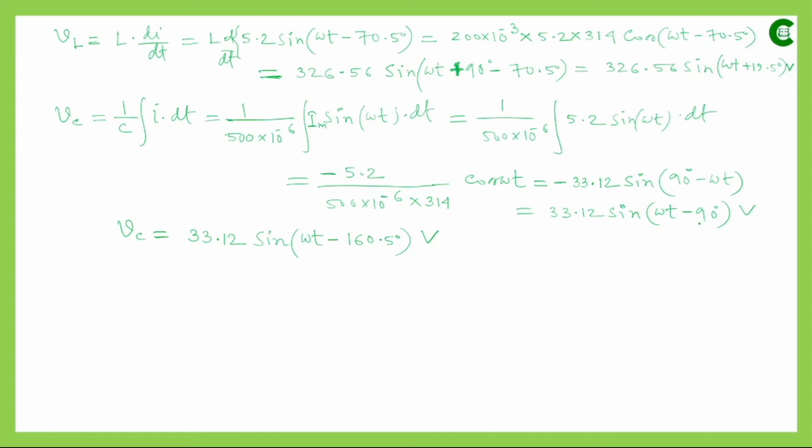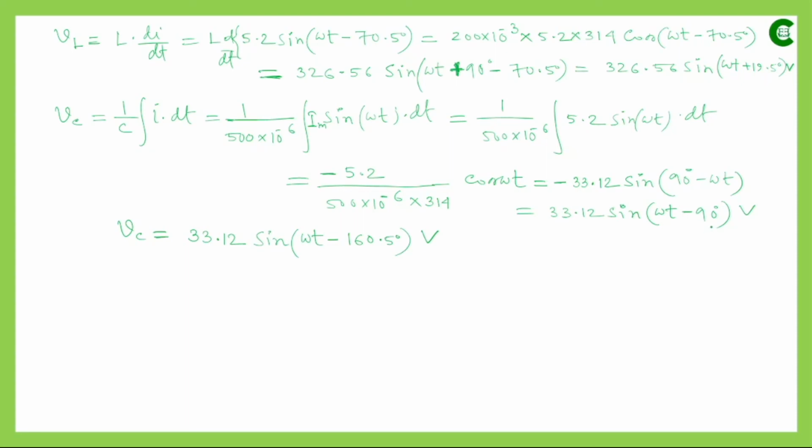So here the phase difference is 90 degree, but when we are taking voltage as reference, and with respect to that we are representing first the current, there we have a phase difference in the expression, and then with respect to that current expression, if we find the voltage drop across the capacitor, the expression will be like this.